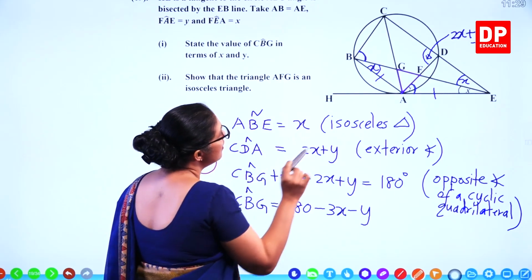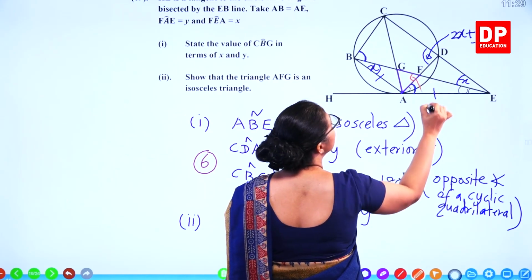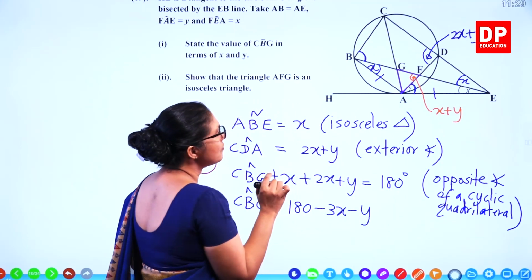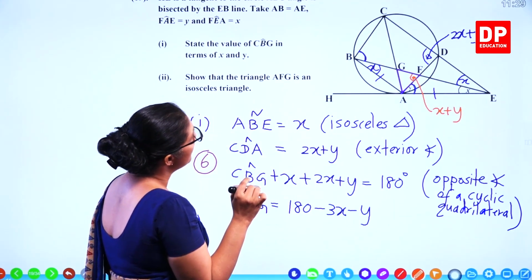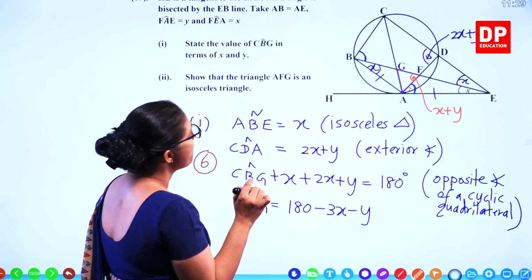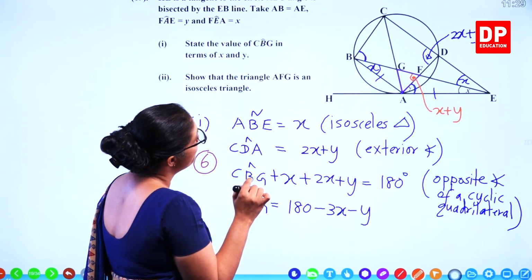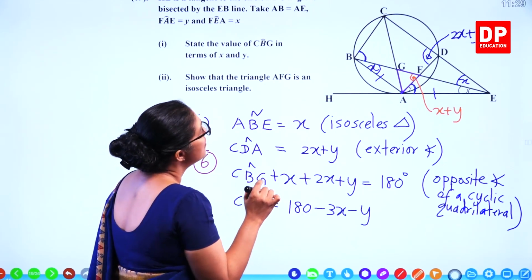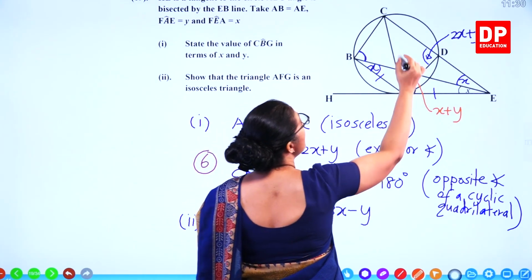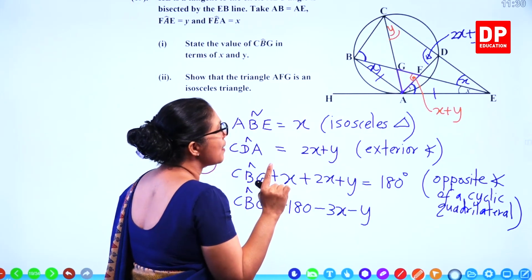So here, this is x, this is y, so this is x plus y. What else we can say? Look at carefully. This is y and this is also y, according to alternate segment theorem.